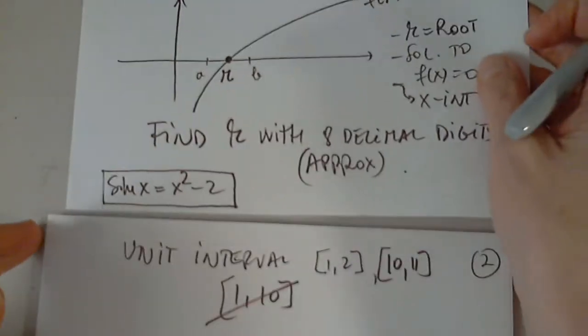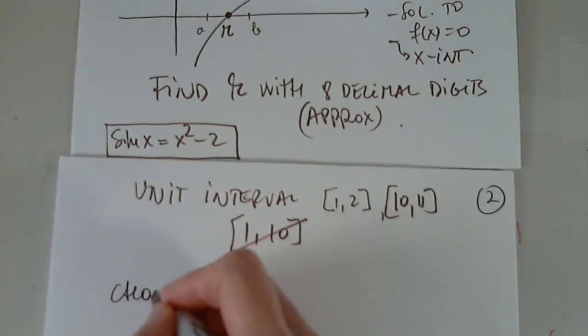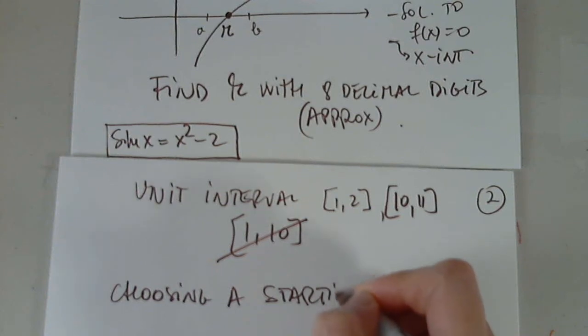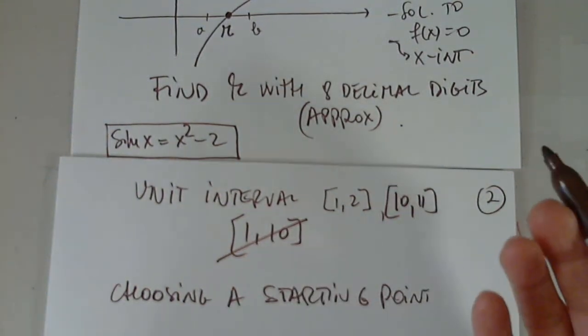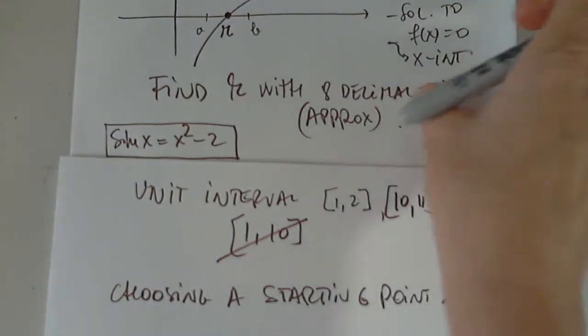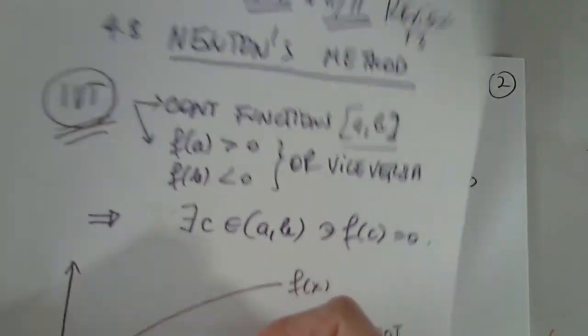My first step is choosing a starting point, either a or b. That is denoted by x sub 0. Some people call it x naught. So it could be a or it could be b.